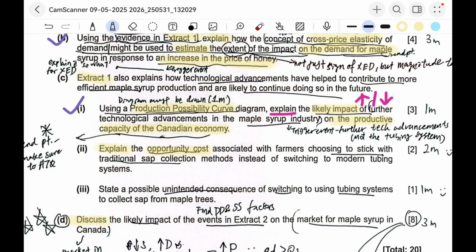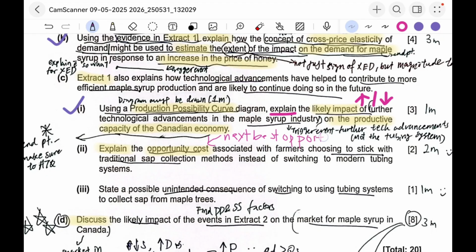But in the first place, you should explain what is meant by opportunity cost. So opportunity cost, we talk about the next best alternative that you give up from an action. You need to say something that you give up, which is the next best opportunity that you give up from performing something.